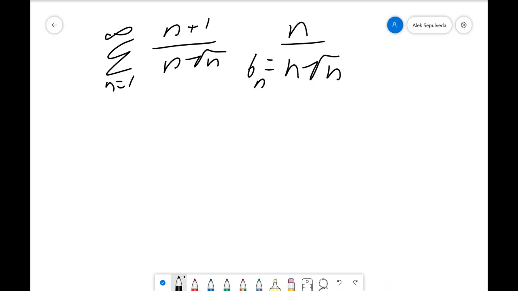Now, as you can see on b sub n, we're able to cancel out these two n's, and we are left with 1 over the square root of n. It's still b of n.